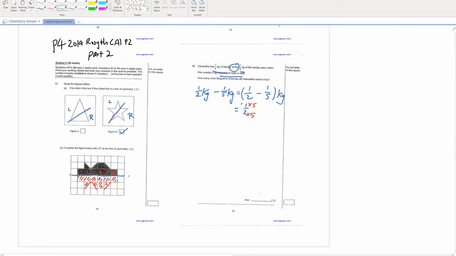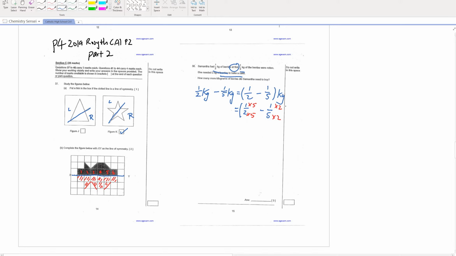Similarly, for 1/5, the other denominator is 2. So we should multiply it by 2. This is because 2 times 5 is the same as 5 times 2. We would want to make the denominator the same. So when we multiply the denominator by 2, we should multiply the numerator by 2 as well.